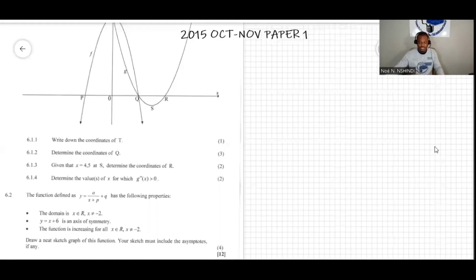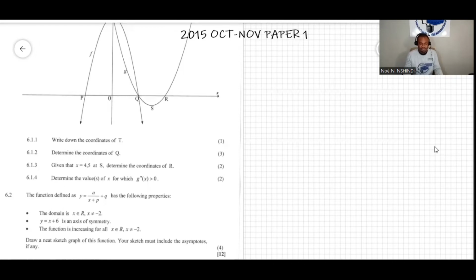Well, now we're going to do question 6.2. The question says that the function defined as y equals a over x plus p, plus q, has the following properties. The domain is x is an element of R, where x is different than -2.